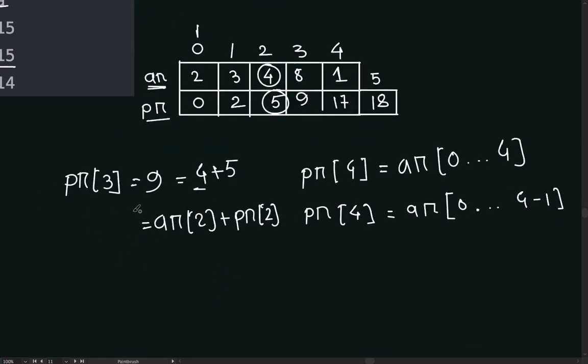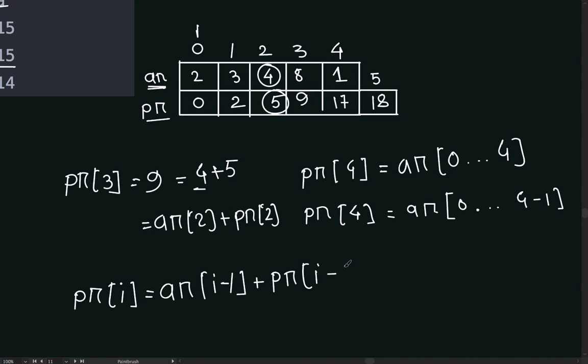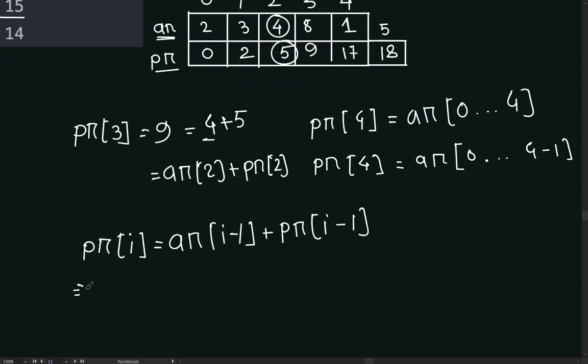And therefore if we generalize this formula, it looks something like this. PR of I is equal to AR of I minus 1 plus PR of I minus 1. Or we can also add 1 to all of these i's, so it is going to look something like this: AR of I plus PR of I.